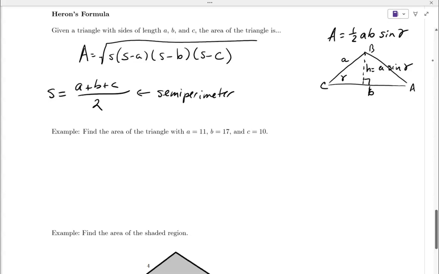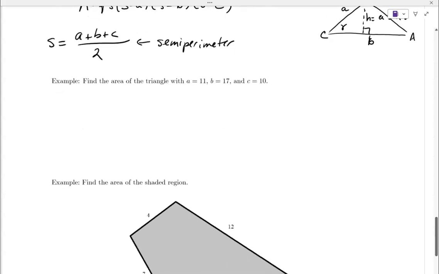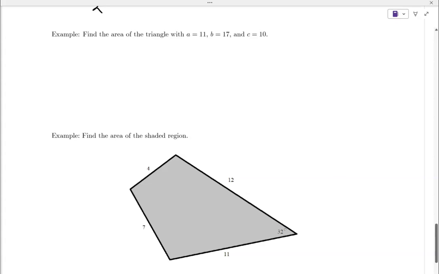Okay, cool. This is pretty straightforward to do it this way. So when you find that example up here, when we did this example, it gives you all three sides.